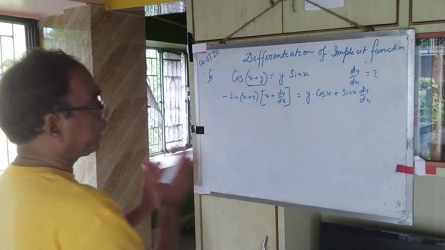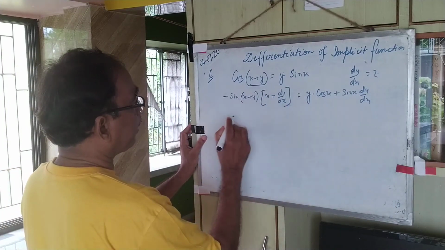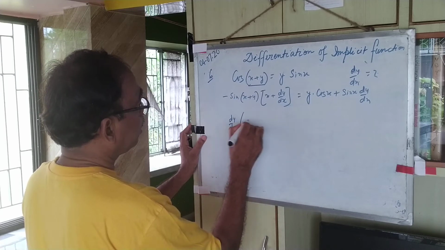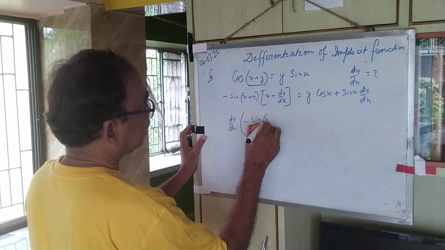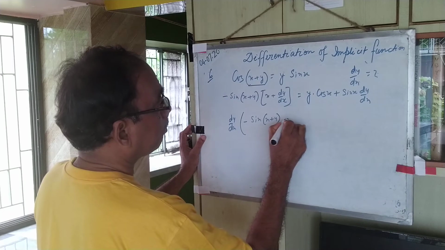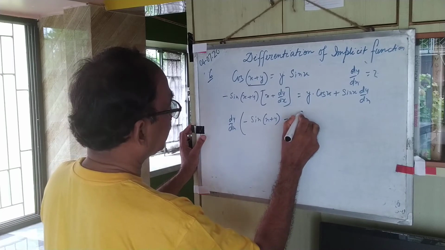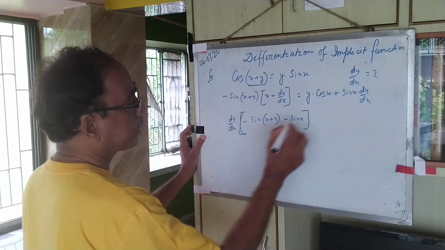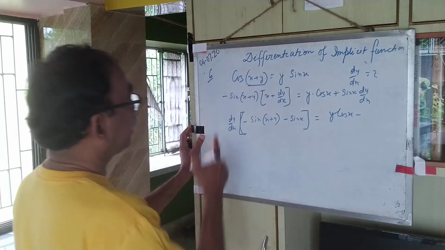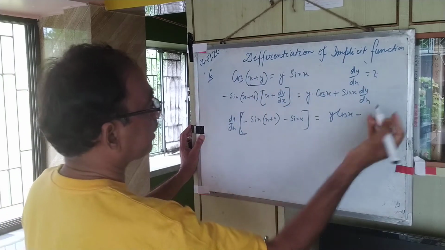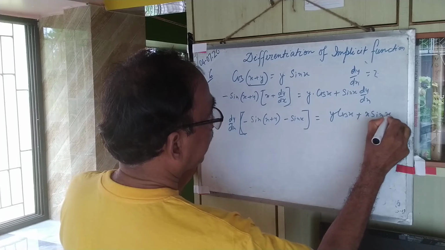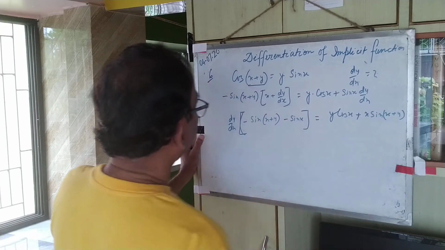Now we are taking dy by dx to one side. dy by dx is common: minus sin of x plus y, and this comes minus sin x. dy by dx equals y cos x minus this into this. This comes to the right-hand side, that plus sin of x plus y.